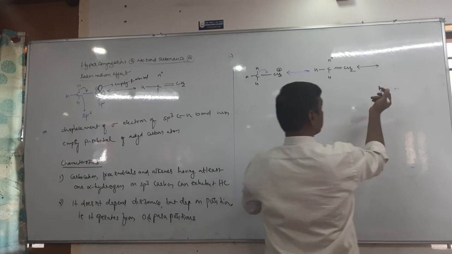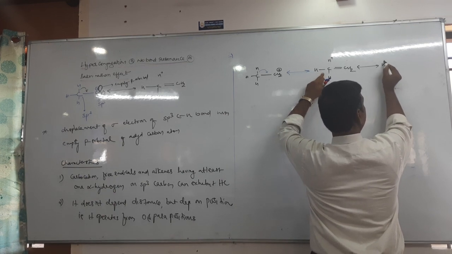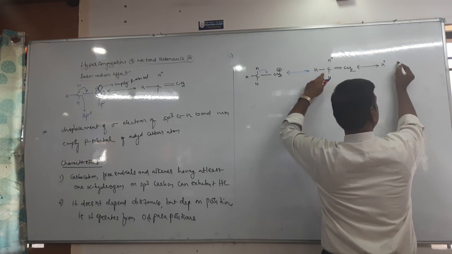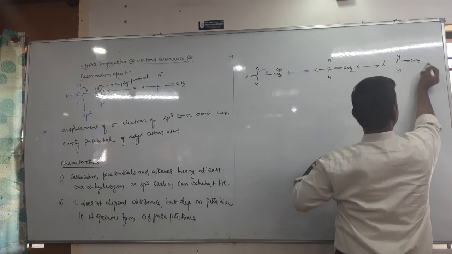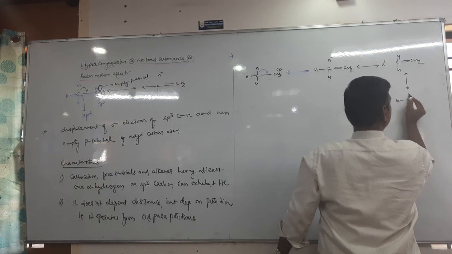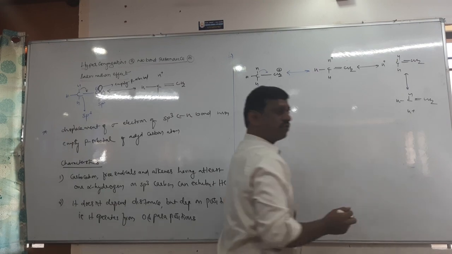Next, tell me another one. Now shift this hydrogen here. The positive charge comes here, the other hydrogens will be the same, then a double bond CH2. Another hyperconjugation. Will you get another?